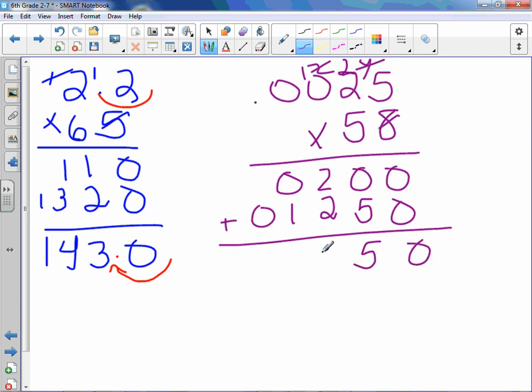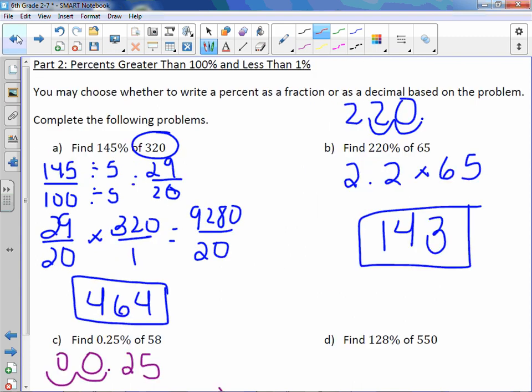Add them up. We have 1, 2, 3, 4 numbers behind the decimal point. Start at the end and go backwards. 1, 2, 3, 4. So we have 0.1450.